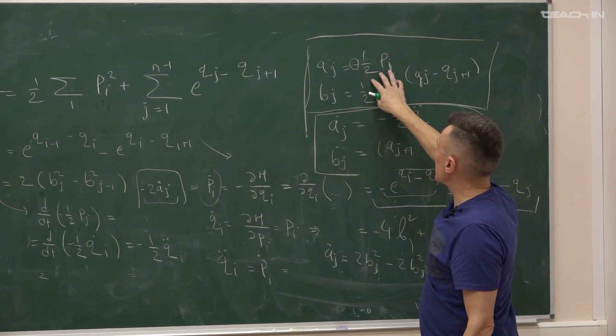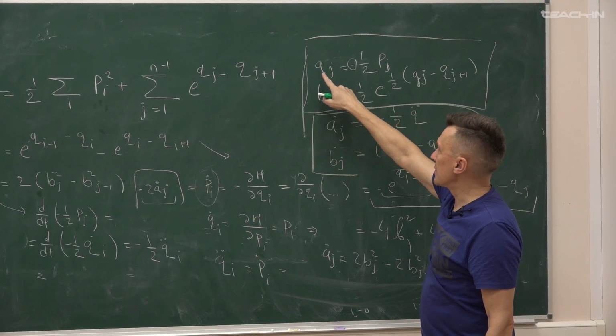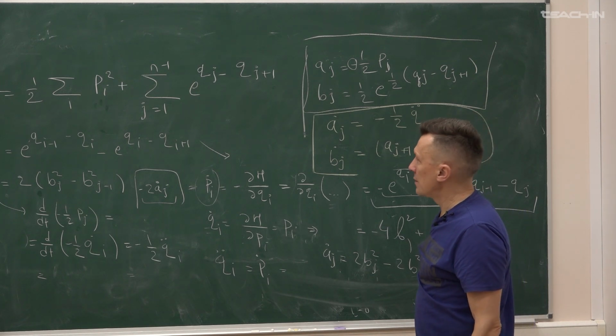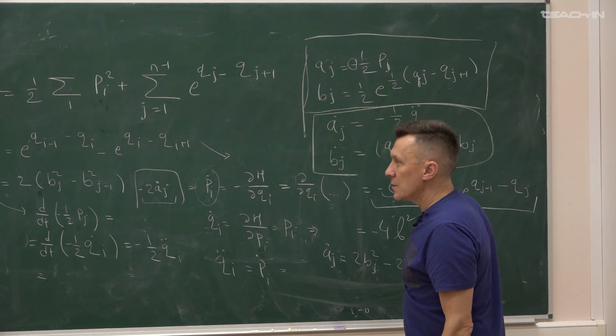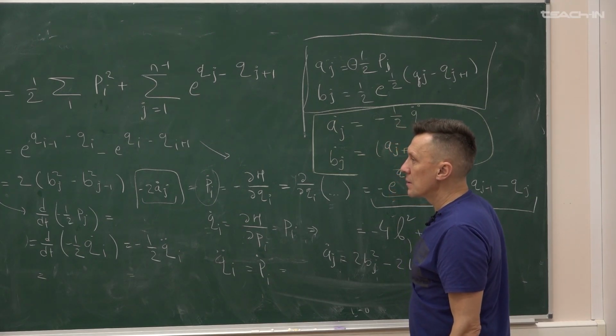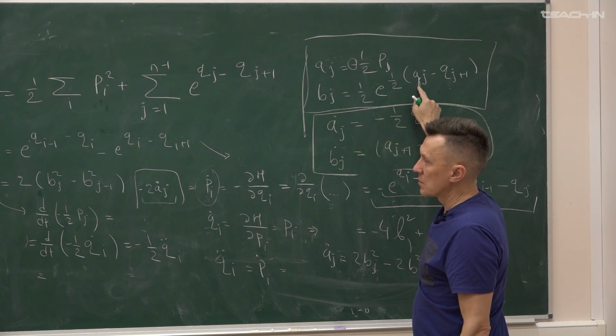Do you agree that the Poisson bracket between A and A is trivial? Or it's just delta between coordinates, right? Between A and B? Between P and Q it is canonical.